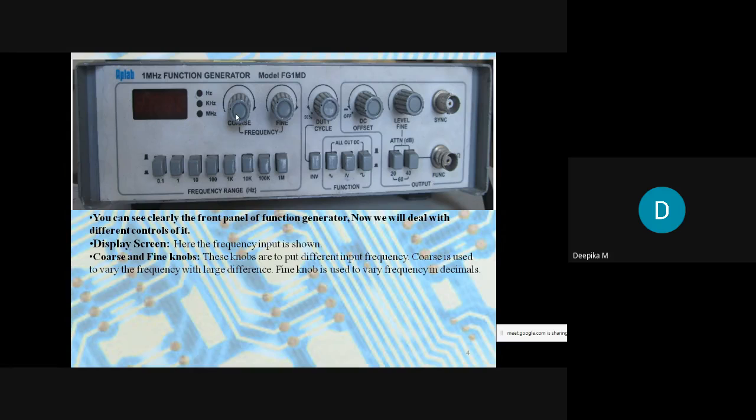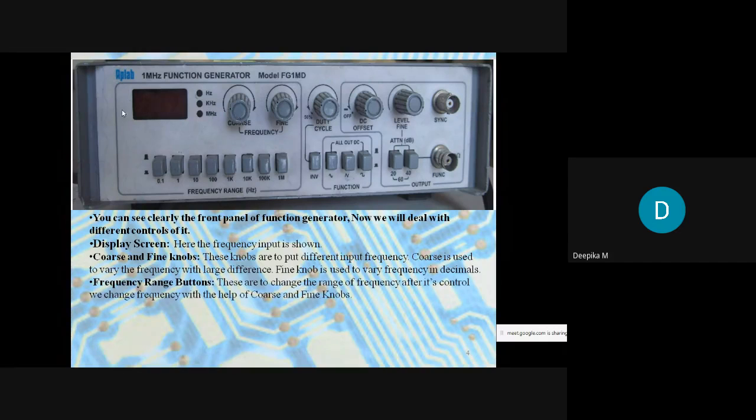For example, if you want to vary from 20 to 25 or 25 to 30, then we use this adjustment. The fine adjustment is for fractional or decimal point adjustment. If I want to keep the frequency as 25.5 or 25.6, the fractional adjustment can be accurately made by using this fine adjustment.